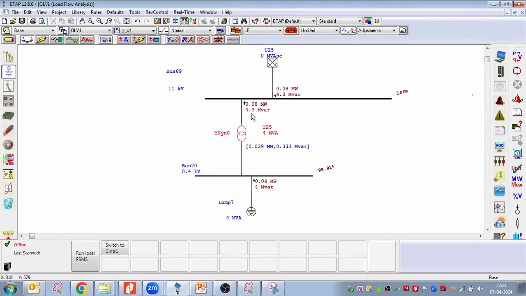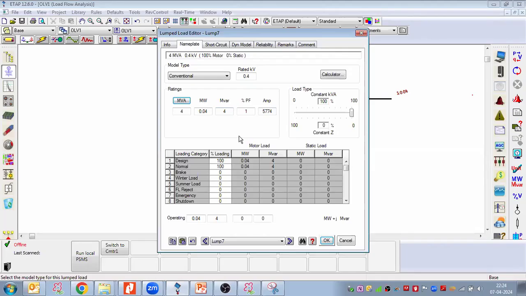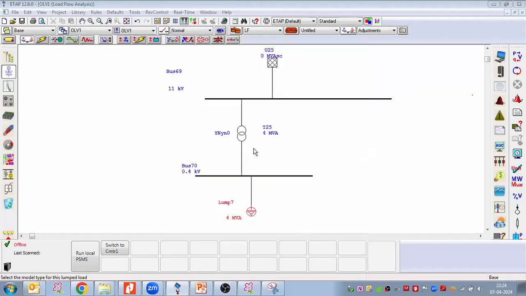how much is the loading on the HV side? 4.3, right? Yes, 4.3. I'm connecting a 4 MVA load, and the rating coming on the HV side is 4.3 MVA.